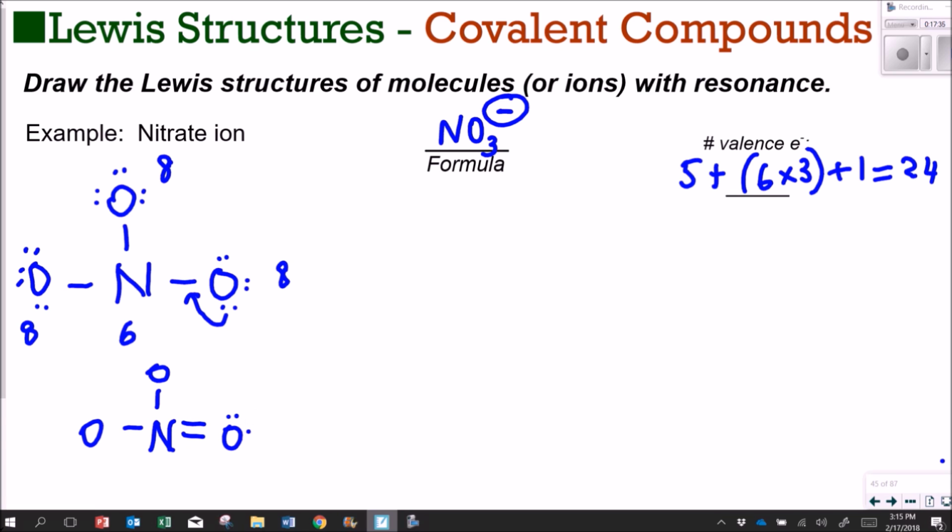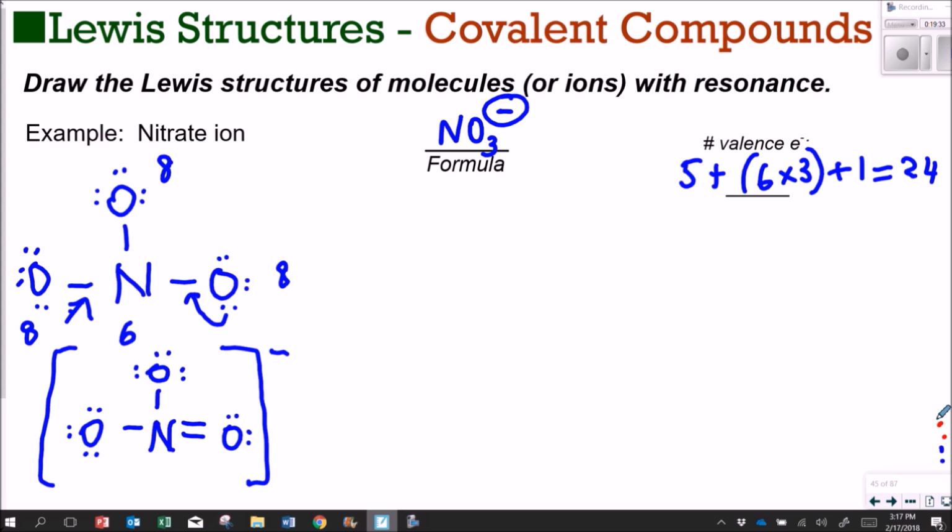So 2 lone pairs are left, and the other oxygens have 3 lone pairs each. So now all of them have 8 electrons and nitrate is happy. We have to remember to put the square bracket with a charge of -1.